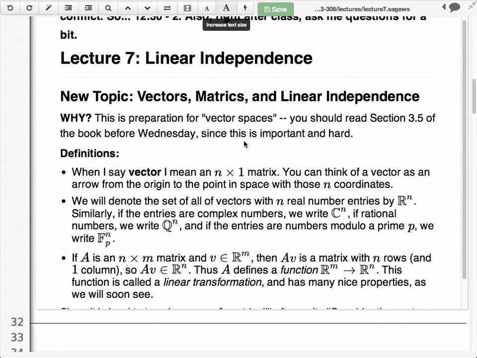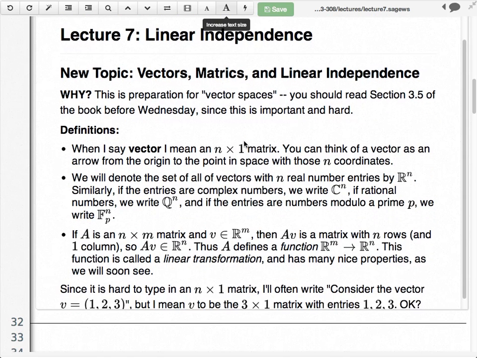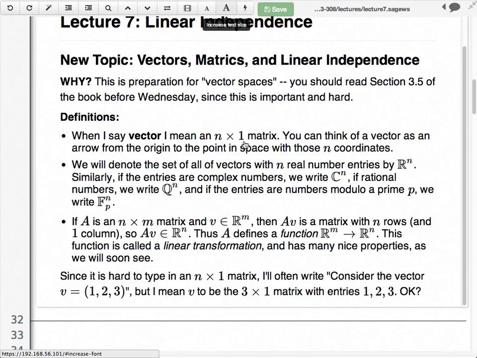We're going to get a much better idea of what's going on geometrically behind the scenes. And we're going to introduce a whole new idea that goes beyond just systems of equations and matrices, and that's the idea of a vector space, which I will not define today, but we will talk about carefully this week.